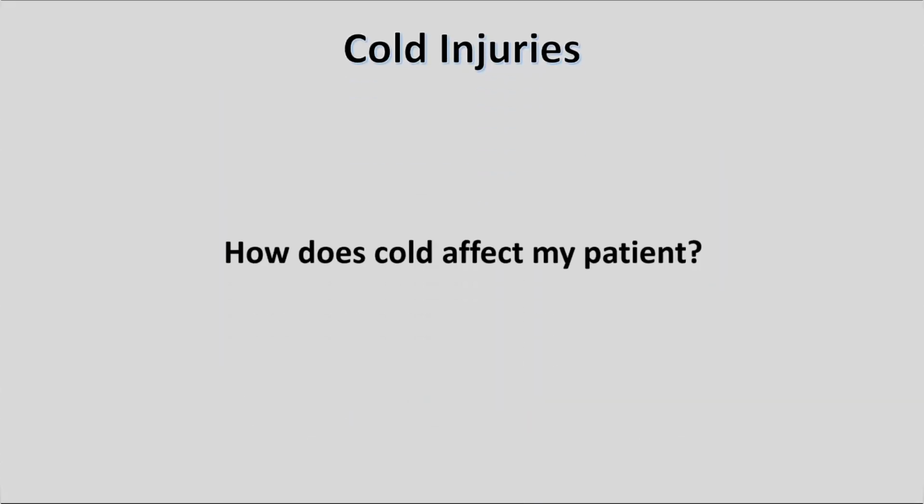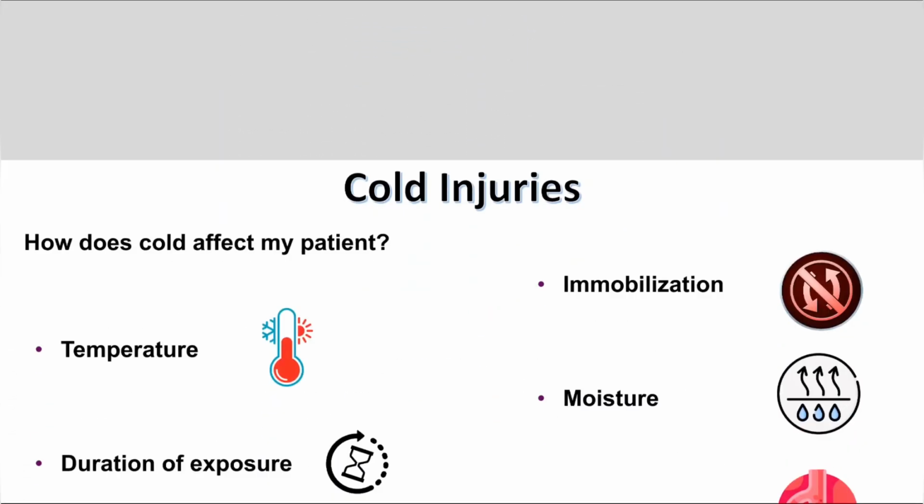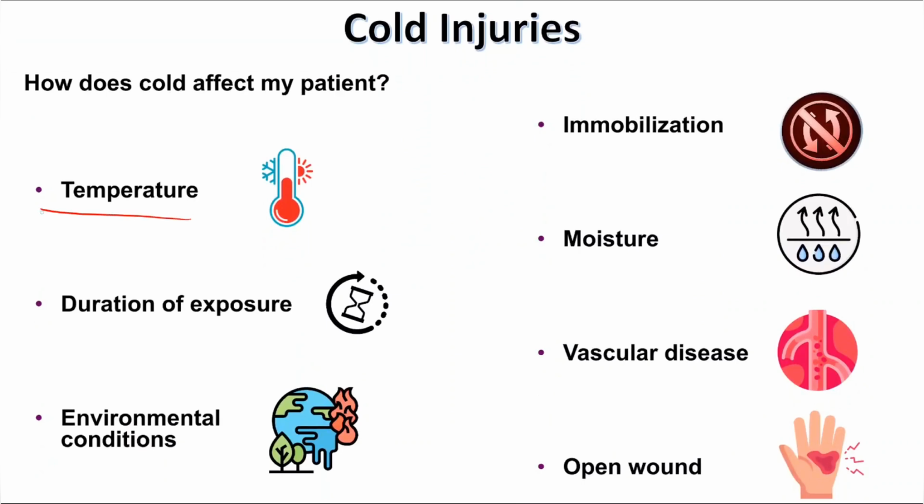Coming to cold injuries, how does cold affect the patient? By the degree of the temperature, the duration the patient remained in that cold environment, the environmental condition, whether it was wet or dry, windy or not.